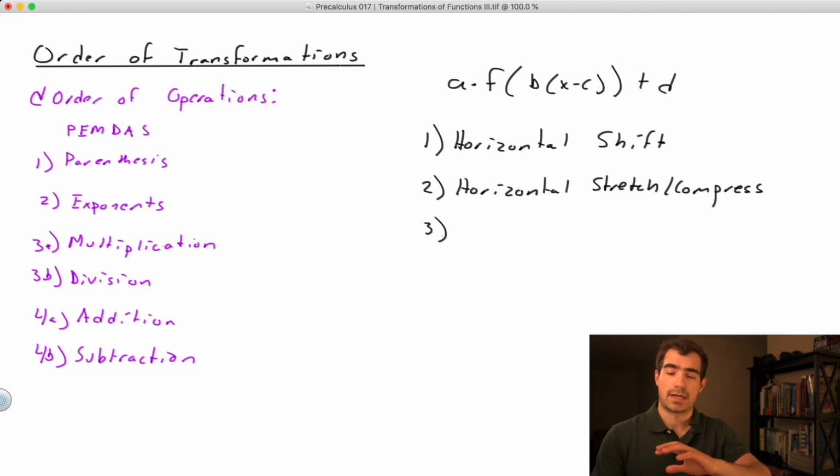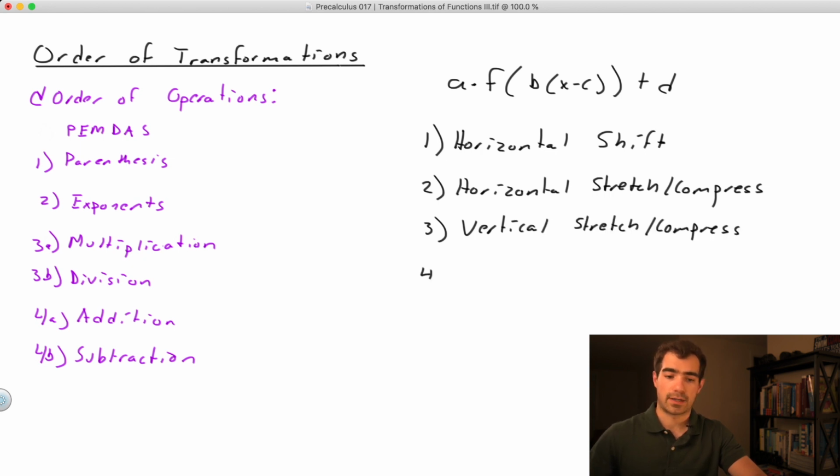Now, whether this is positive or negative will determine whether or not we have a reflection, but usually it's easiest to do the stretch vertically first and then worry about the reflection later. Not because it necessarily has to be done this way, just because it tends to be easier to keep track of. And so next we'll have the vertical stretch or compression, followed by the reflection if there is one.